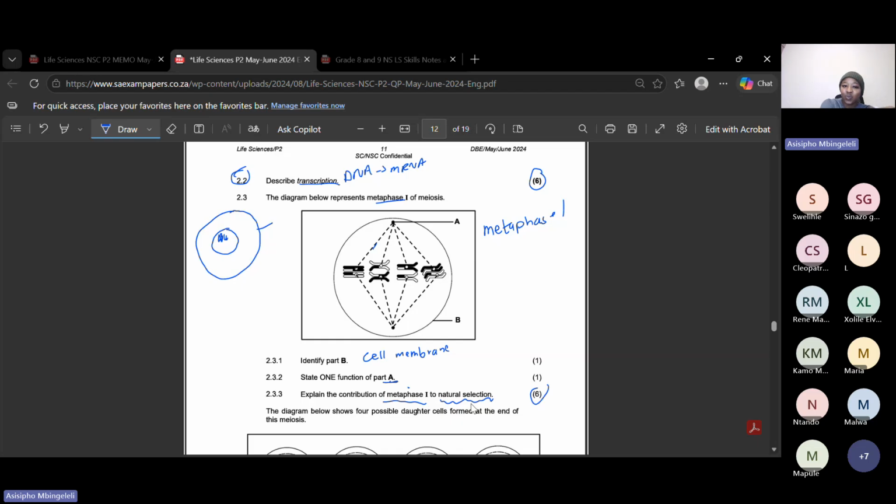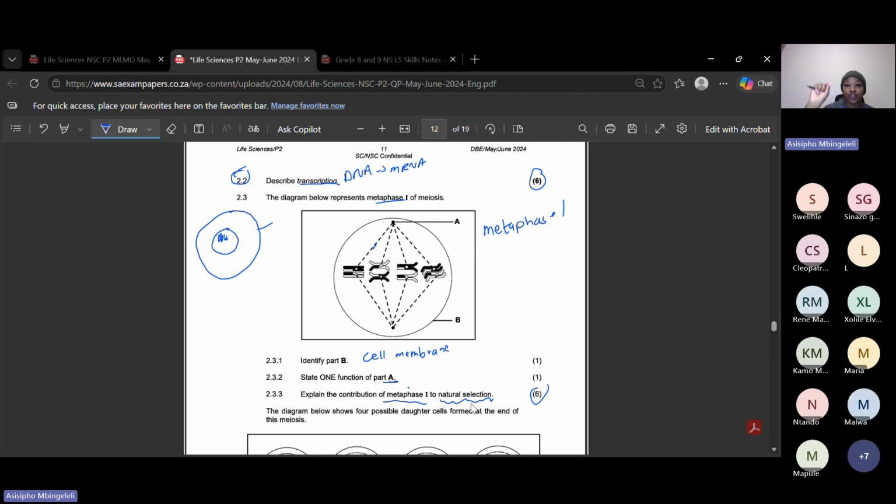So in metaphase 1, here we have chromosomes randomly arranging in the middle of the equator. And because of how they are randomly arranging in their homologous pairs, that is important, that will also lead to the gametes that are going to be formed at the end. So how did they phrase this to answer the question?